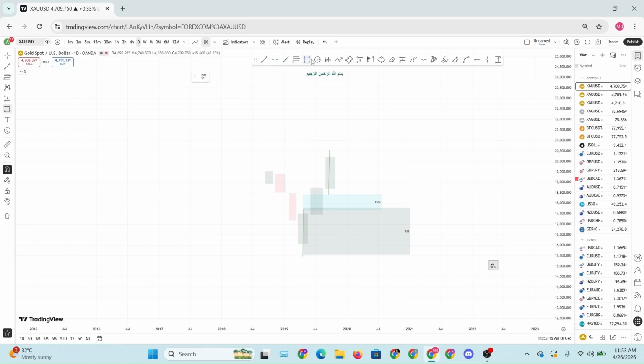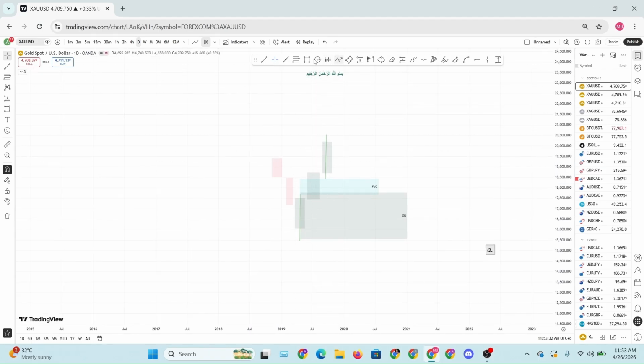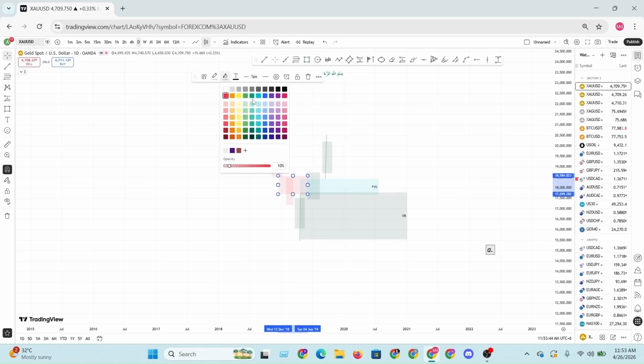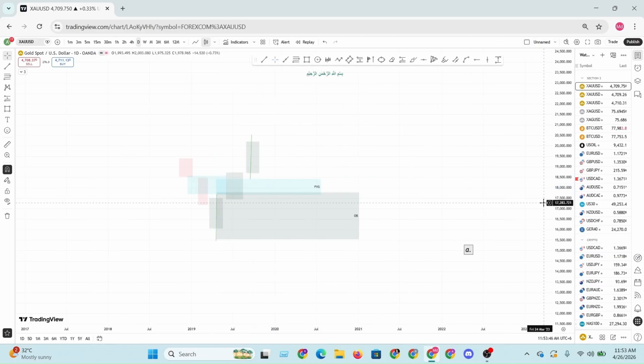Let's pick this is the first candle, this is the second candle, and this is the third candle. The first candle and the third candle gap is our FVG.